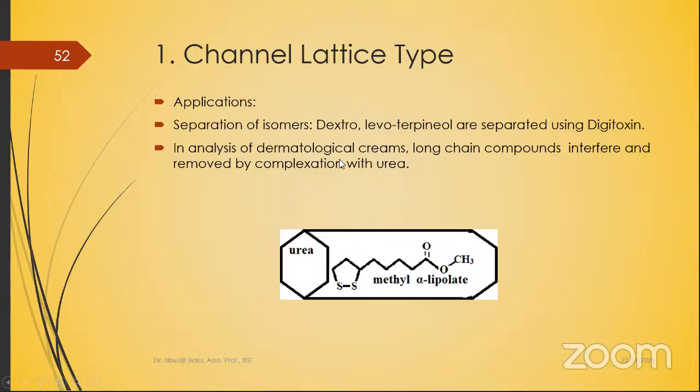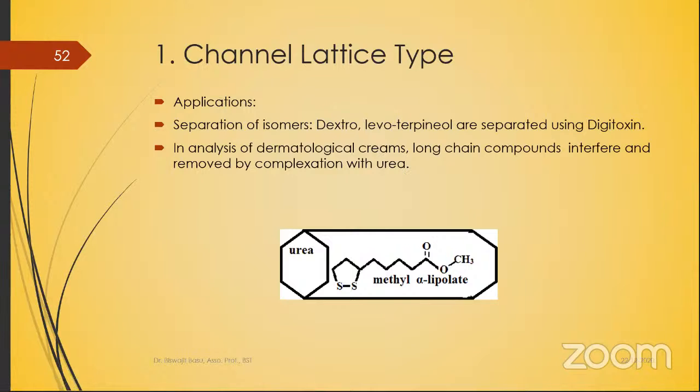Okay, so what are the various applications of this channel type complex? Applications are separation of isomers. For example, dextro and levo terpineol are separated using digitonin. That is one application of channel type complex. Another one is in the analysis of dermatological cream, where long chain compounds interfere and are removed by complexation with urea.